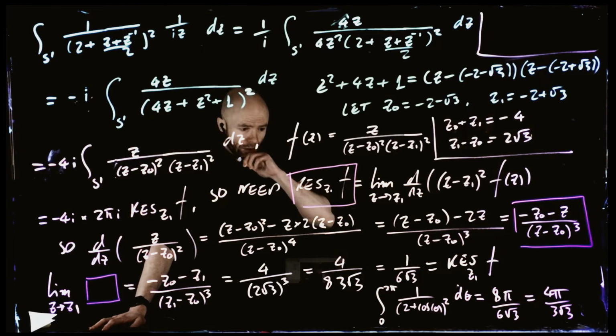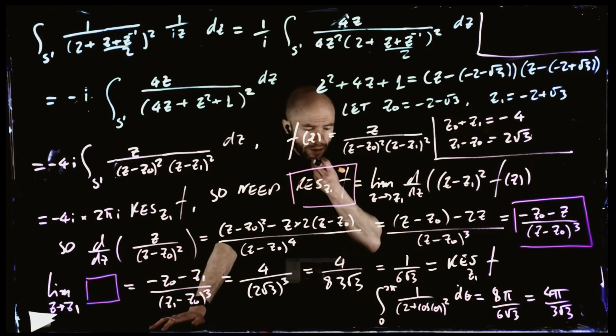So we can explicitly calculate this real valued integral around the circle that is inaccessible by other methods through the complex world, through turning this into a holomorphic function. Okay, cool.